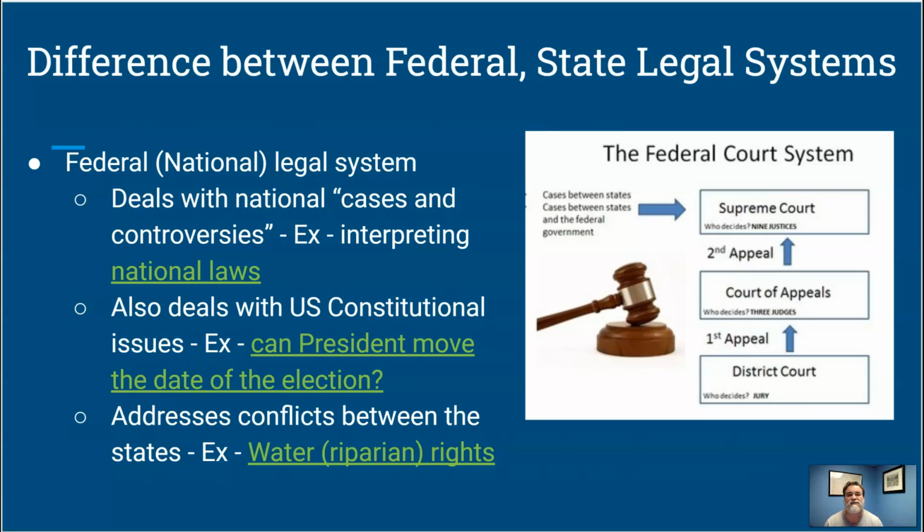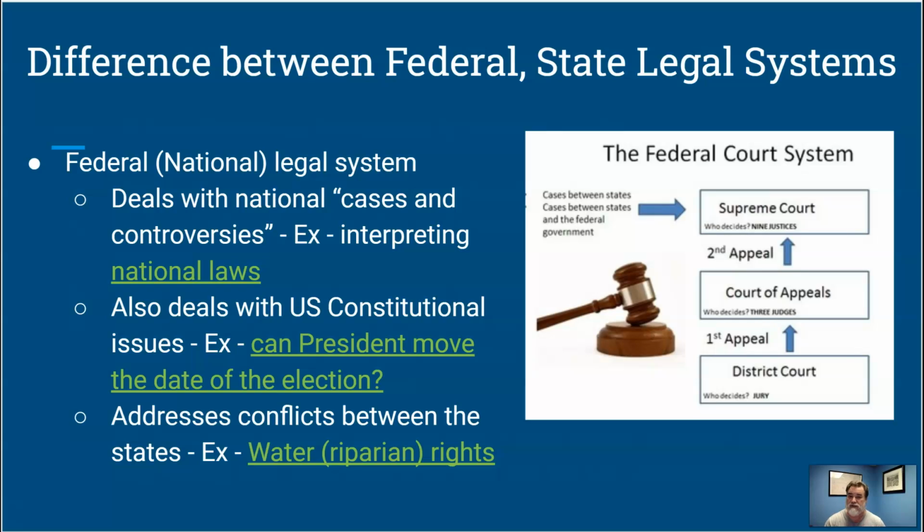So let's say there's a conflict between two states over riparian rights or water rights. This happens uncommonly, but it happens more than you think. For example, who gets to use the water of a particular river? What if one state wants to build a hydroelectric dam upriver from another state that uses that water source for agriculture?